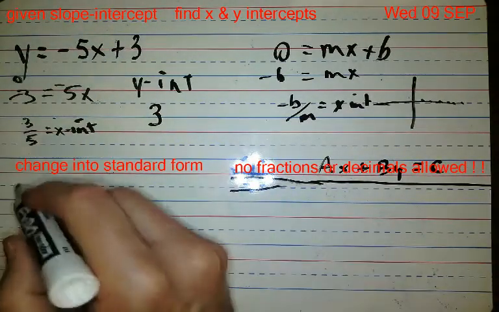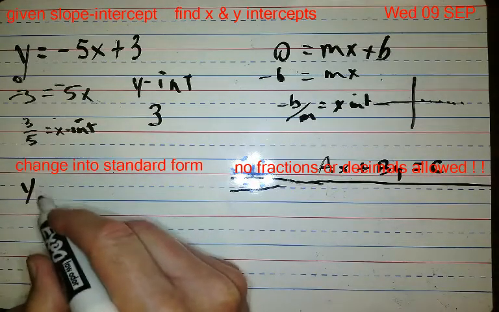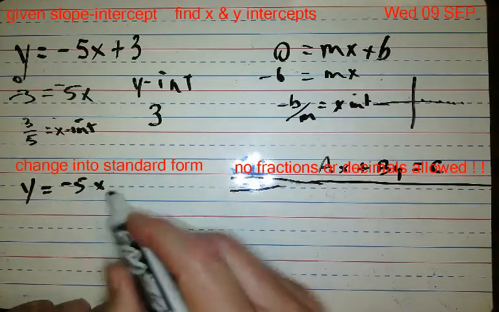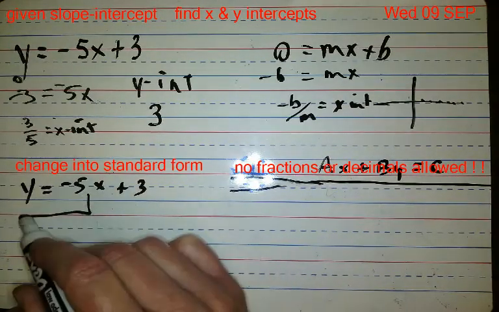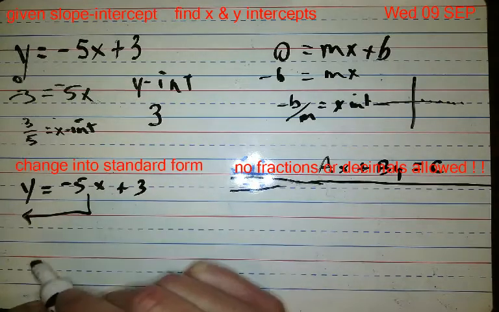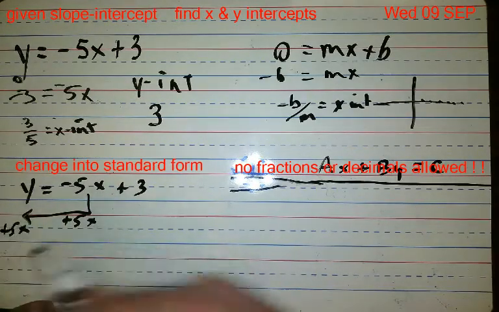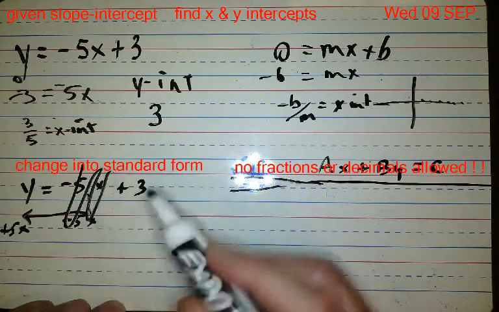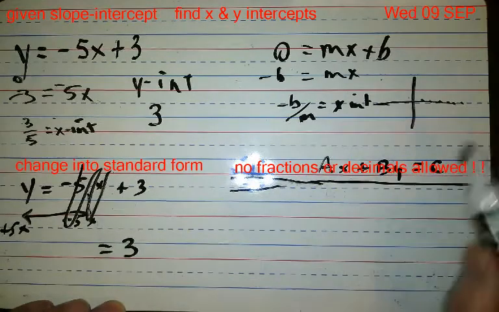So look, if I start with y equals negative 5x plus 3, and I want to move this guy over here, all I'm going to do is just add it. So I'm going to add 5x to both sides. 5x to both sides. That makes this go away. 3 is over here by itself, like I want.